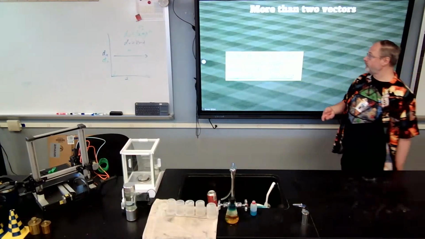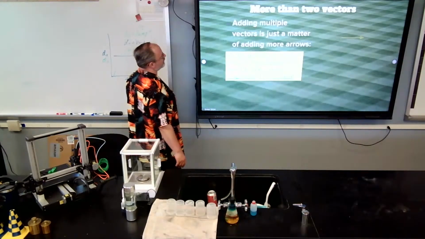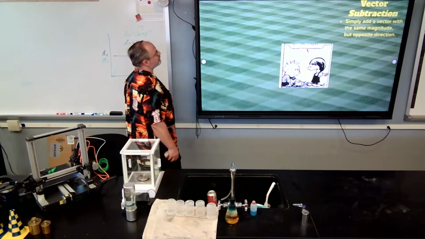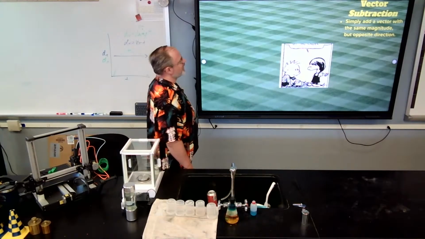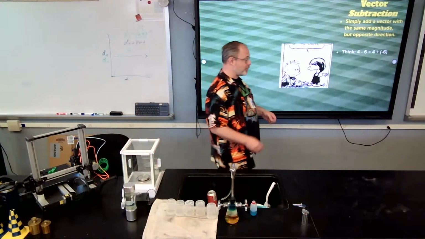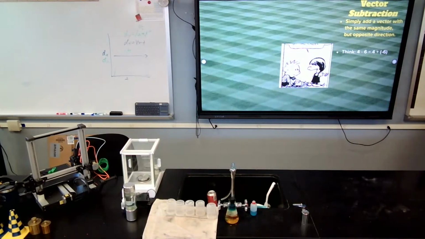More valuable is breaking a vector into its components. So most important, oh yeah, vector subtraction. When you do vector subtraction, if you ever need to subtract vectors, which you might have to, you just add their negative. And a negative vector is exactly like a negative number.